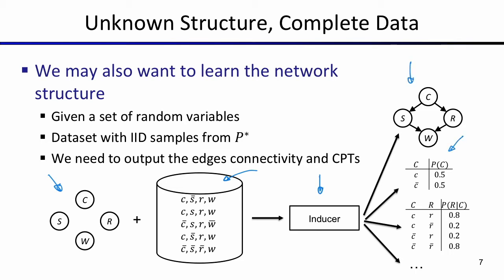So in this case, it's very clear that the learning of the structure and the learning of the parameters are really tied together in a way that it is difficult to come out with a structure without the parameters, right? So it's a kind of obvious observation, but when we have a certain structure, this structure will provide us a certain factorization, and the parameters that are different CPTs will depend on the factorization.